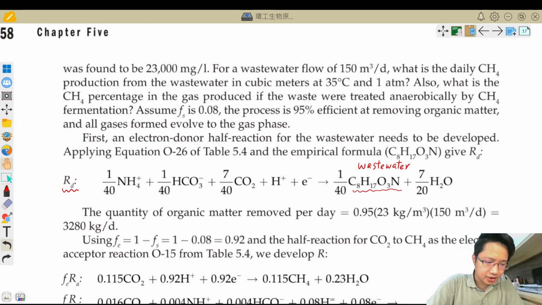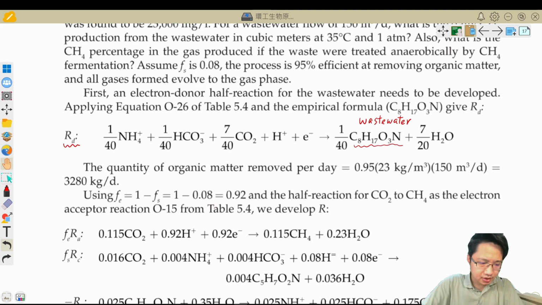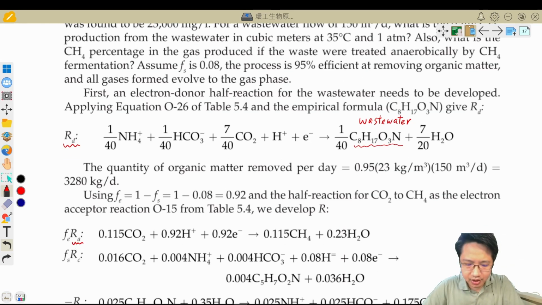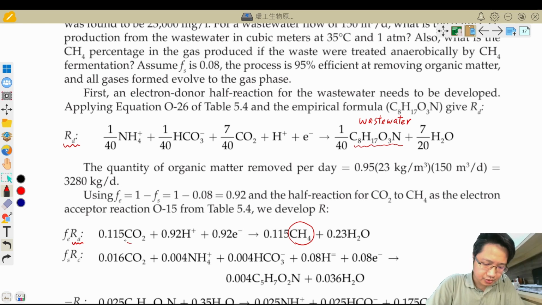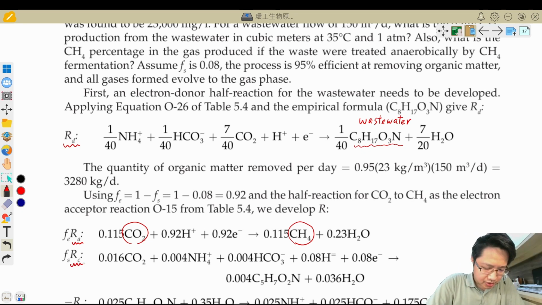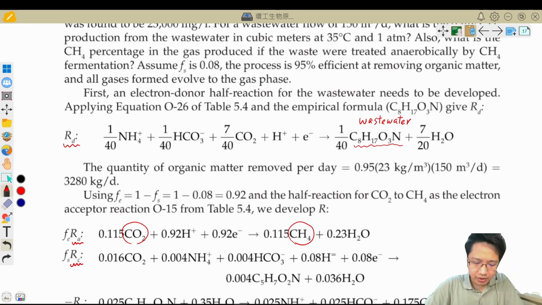Then they combine another reaction, Ra, that is used to generate methane from the CO2, which comes from the methanogenesis microorganisms, and also the cell synthesis reaction.